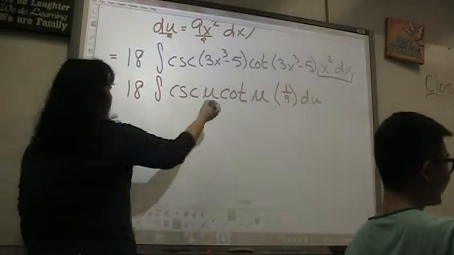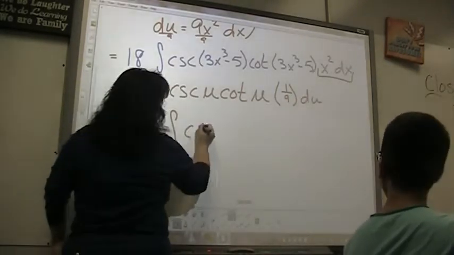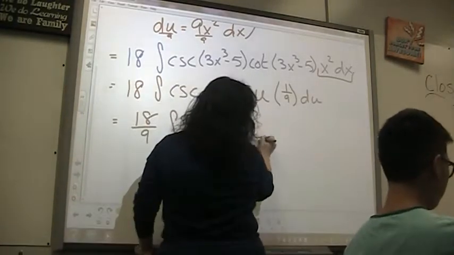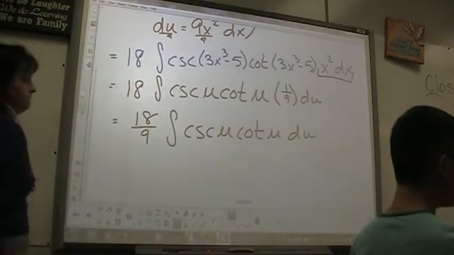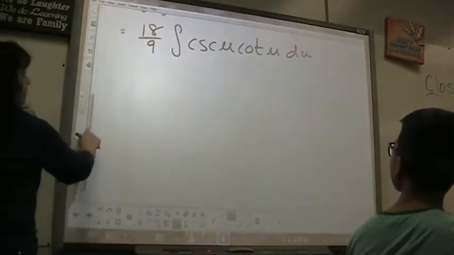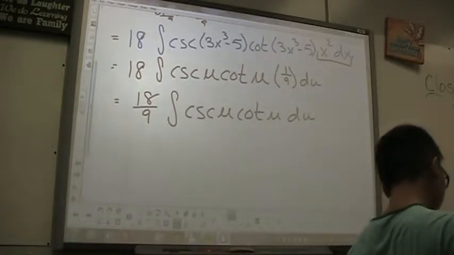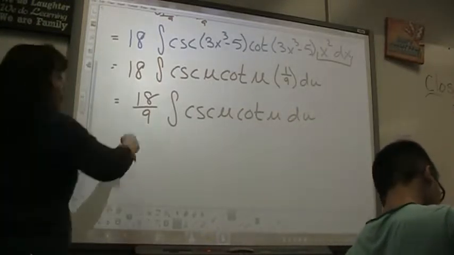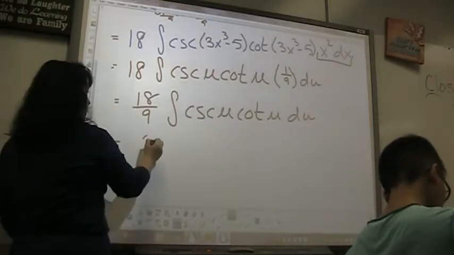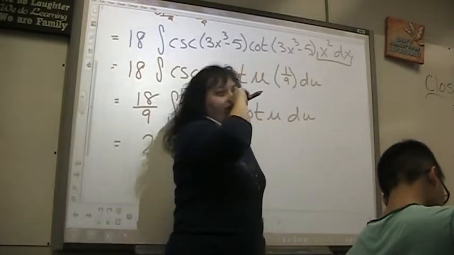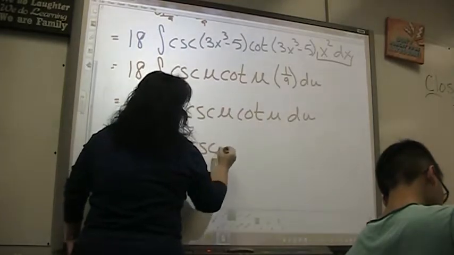Okay, so I'm going to move that 1/9 over. So I get 18 over 9, cosecant u, cotangent u, du. And there's our hidden little gem. 18 divided by 9 is 2. The integral of cosecant cotangent is negative cosecant.